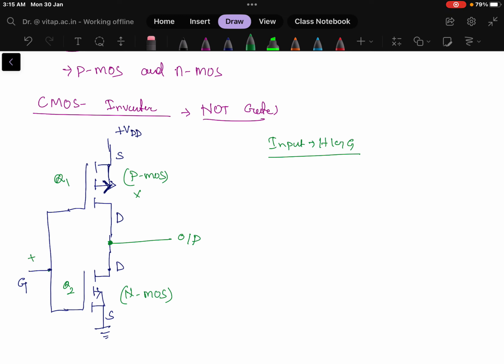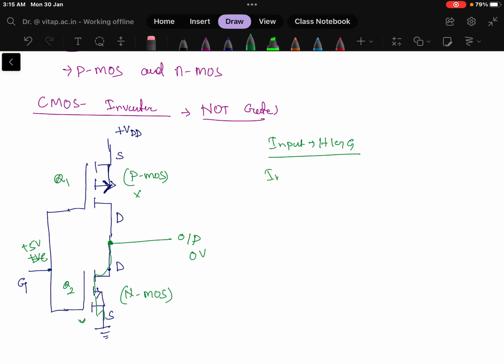Because if a positive voltage, let's say plus 5 volt, is applied here, the P channel MOSFET will not work, and the N channel MOSFET will be switched on, because drain to source current will flow. So what value will we get at the output? We get 0 volt, because this path is completed and it is behaving as grounded.